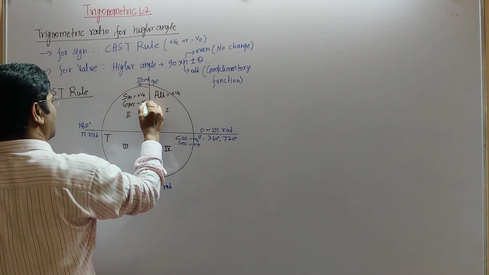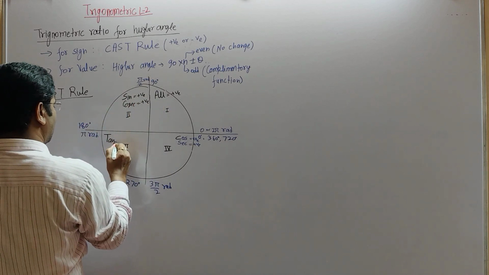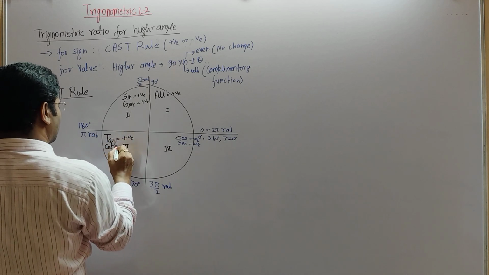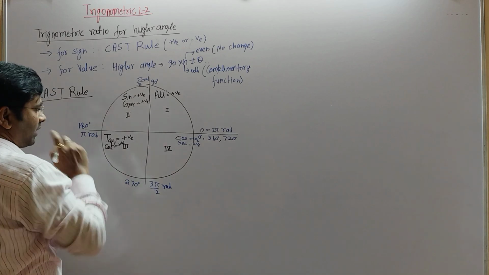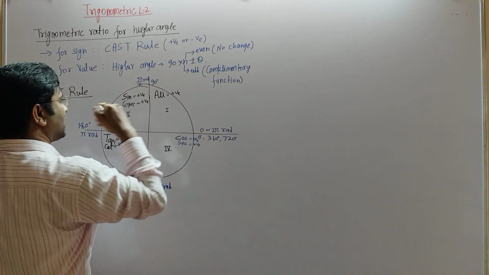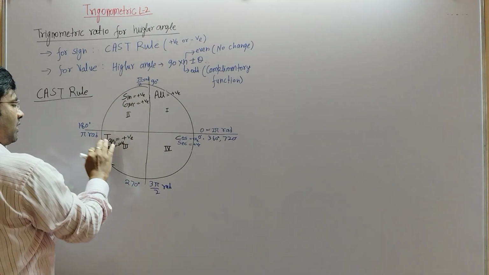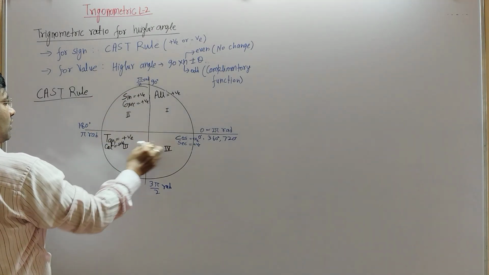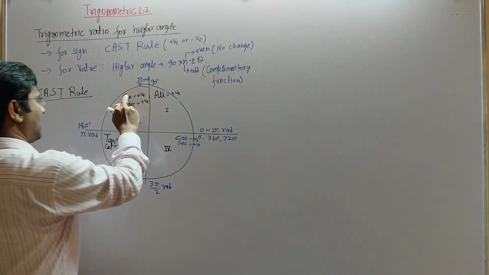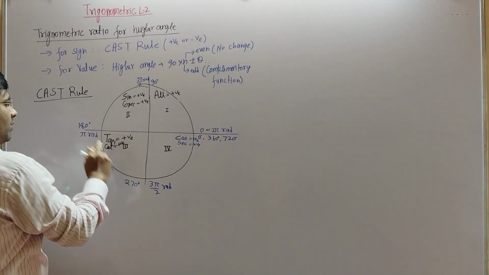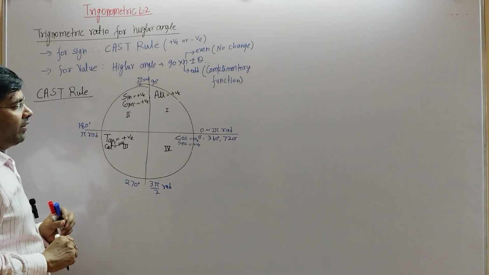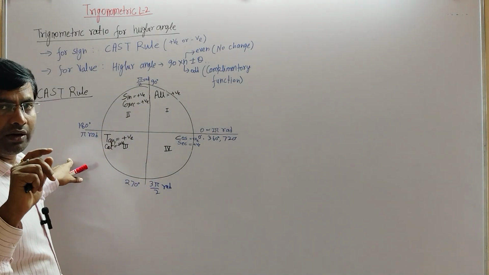This is T, so tan positive, and cot will also be positive. So in CAST, C means only cos, A means all, S means sine, T means tan. Cos positive so sec positive, all positive, sine positive so cosec positive, tan positive so cot positive. This is how we have to identify, like if there is sine 120.